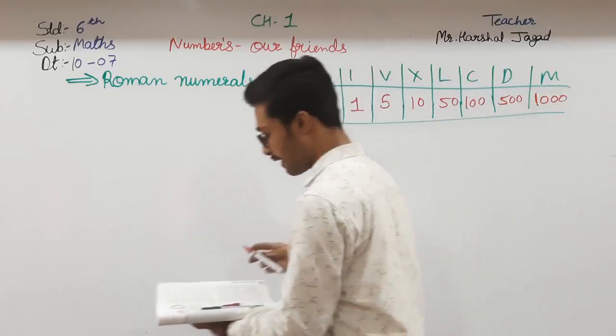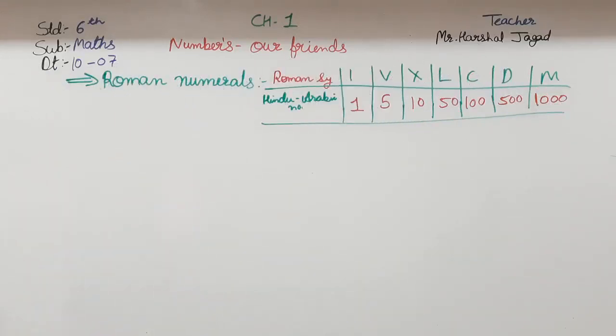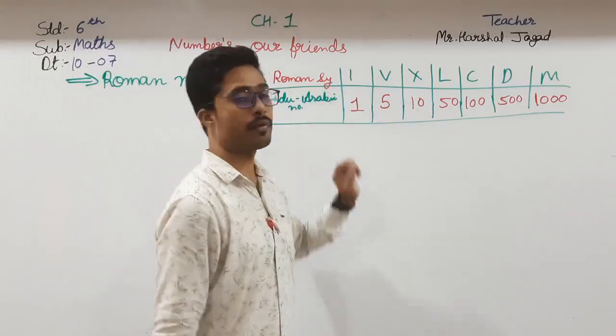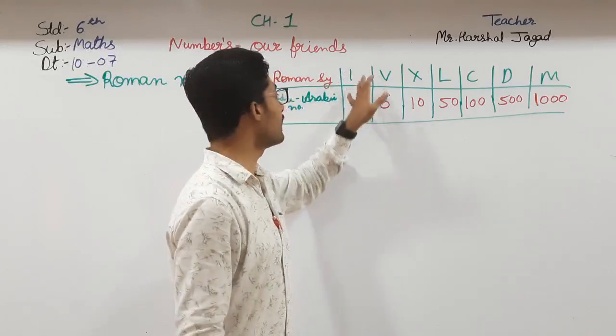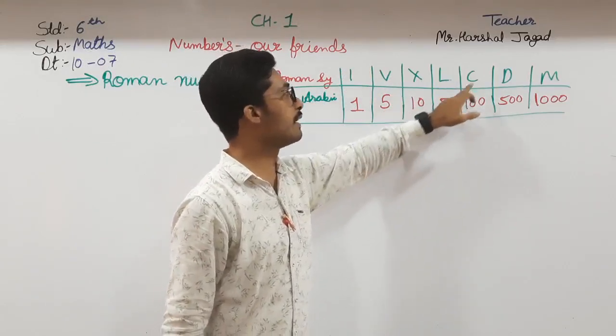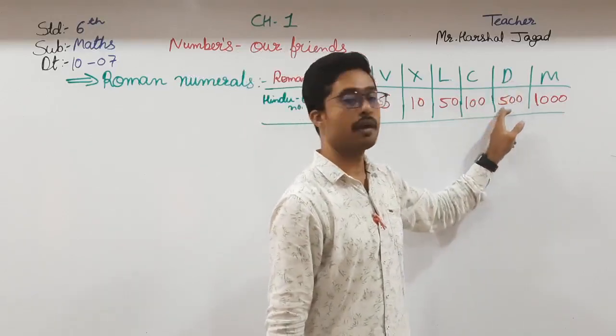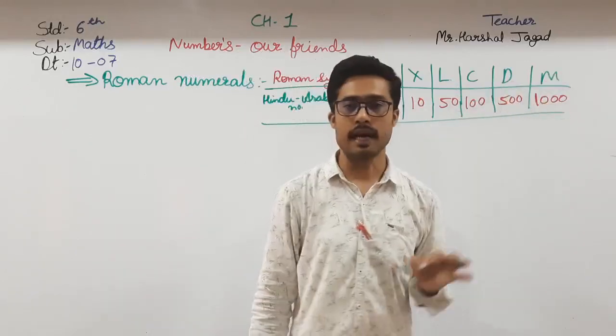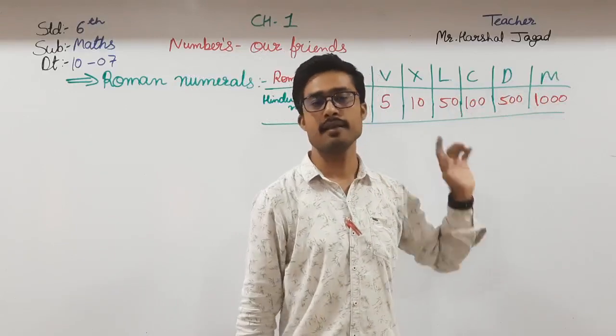So these are the Roman symbols, and what is the value of it. So if we talk about I, then the value of I is 1, V is 5, X is 10, L is 50, C is 100, D is 500, and M is 1000. You have to just byheart this table.